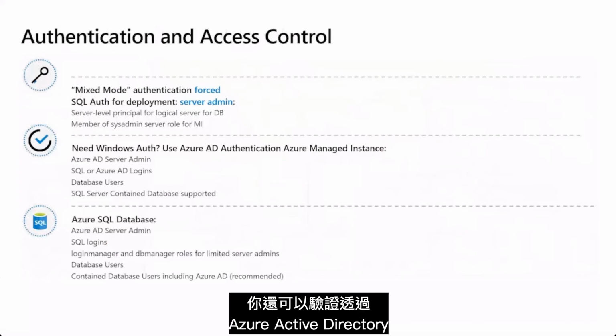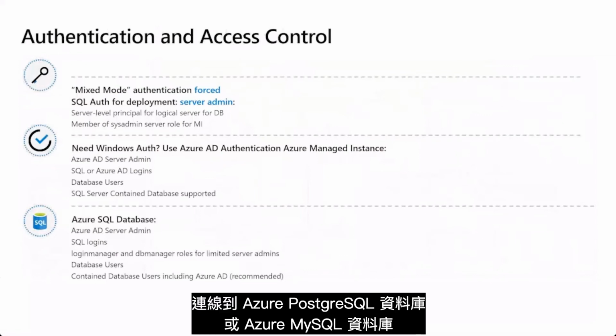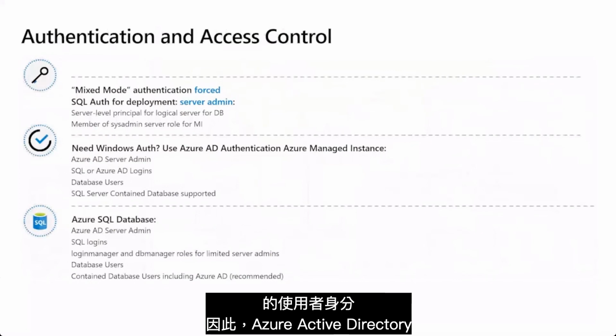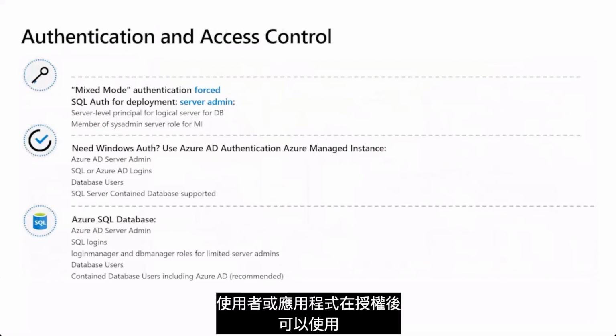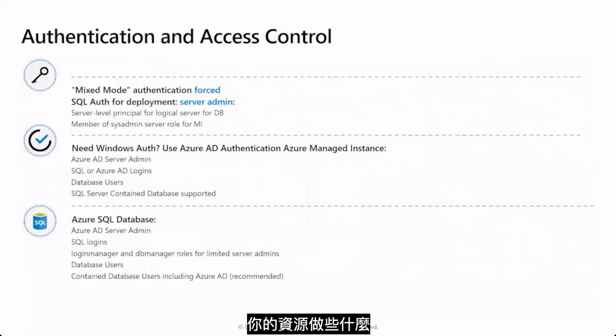You can also authenticate users connecting to Azure PostgreSQL database or Azure MySQL database through Azure Active Directory as well. So Azure Active Directory enables you to specify who and what can access your resources. And these access controls will define what a user or an application can do with your resources once they've been authenticated.